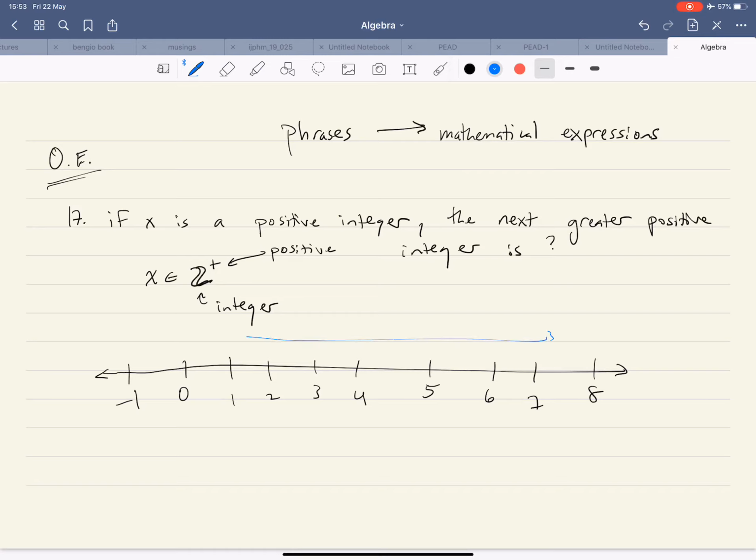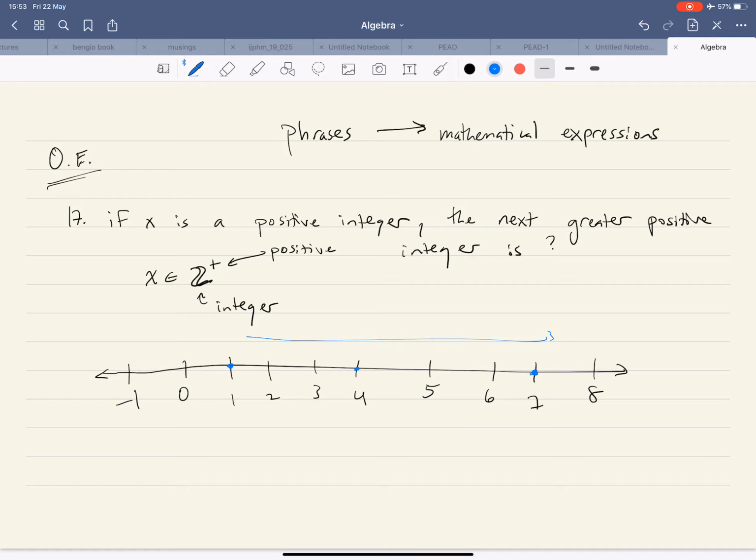From 1 onwards, I could have a value for x that's valid, right? x could be 1, x could be 4, x could be 7, or any integer in between, or any integer greater than this, right? It's a positive integer.